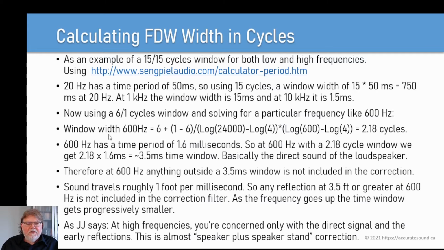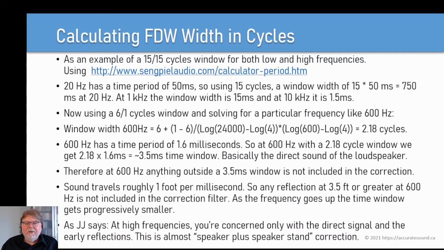If we do the math, a window width at 600 hertz turns out to be about 2.18 cycles. 600 hertz has a time period of 1.6 milliseconds. So at 600 hertz with a 2.18 cycle window, we're getting basically a window that's open for 3.5 milliseconds. That's basically the direct sound of the loudspeaker.